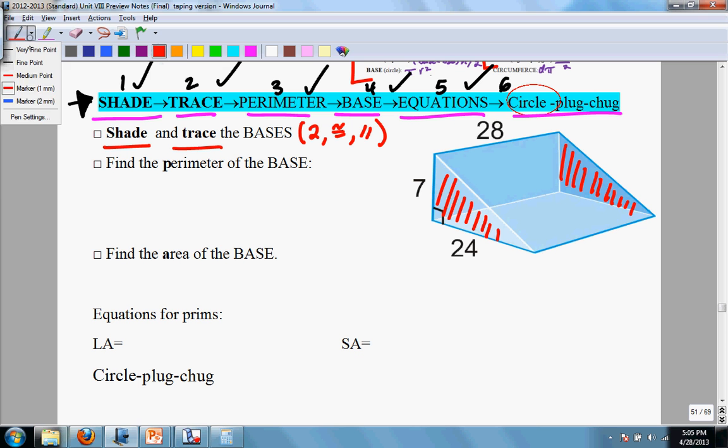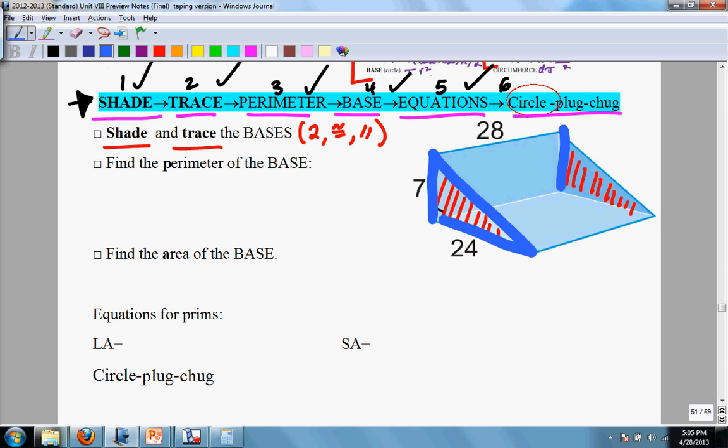Shade and trace the bases. That's step 1 and 2. Check. Shade, trace, perimeter, base, equations, circle, plug, chug.